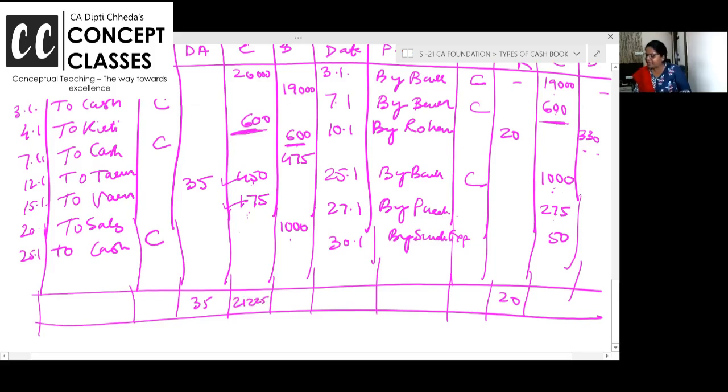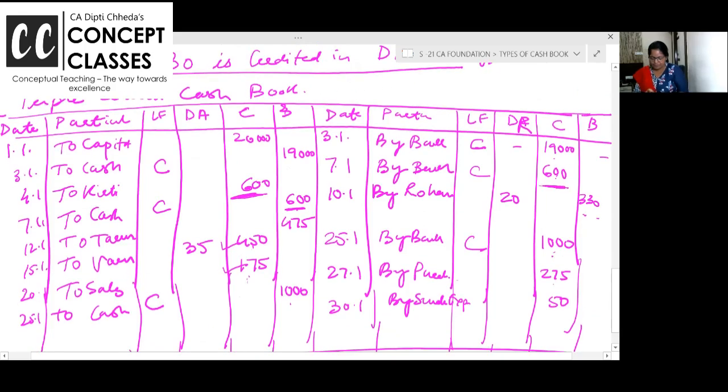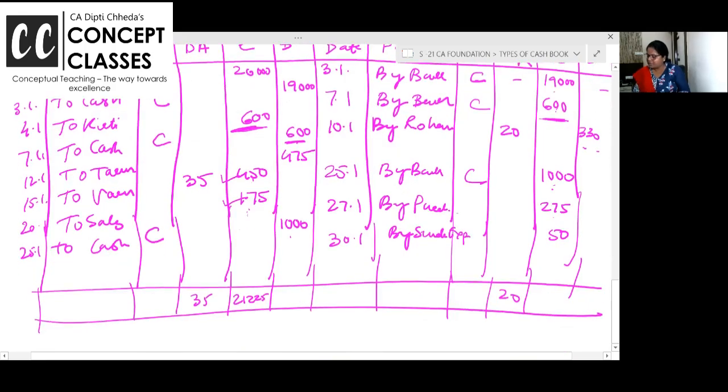21 25 is the debit side. 300 on the credit side. 300 is the closing balance of cash.